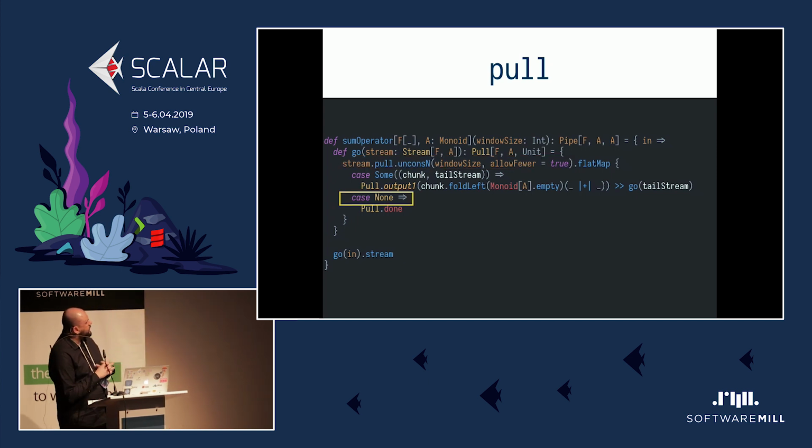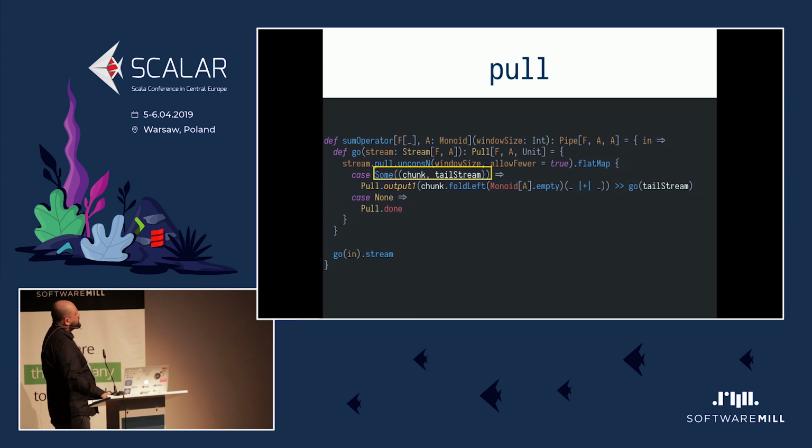From that method we have the result as an Option. It's the contract between us and FS2. So if the result is None, it means the upstream is done, is over, and there are no more results. So we also should close our stream and send to the downstream the Pull.done command.